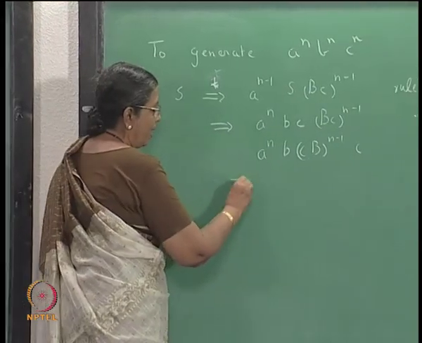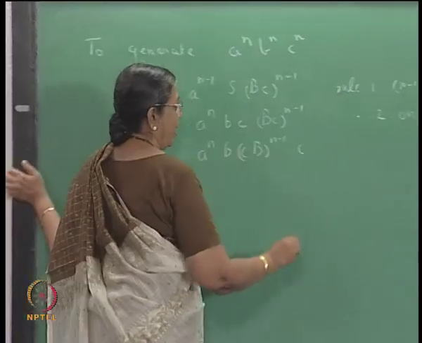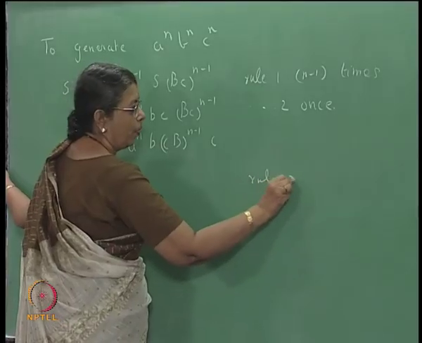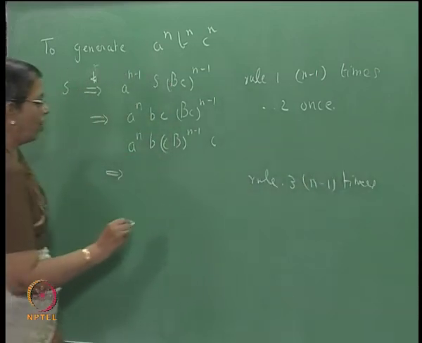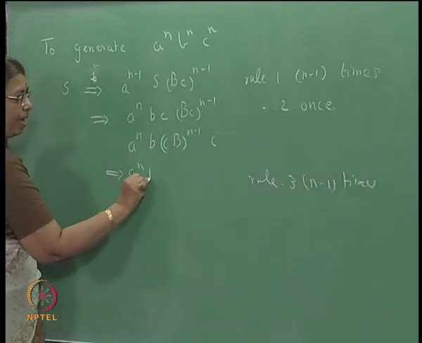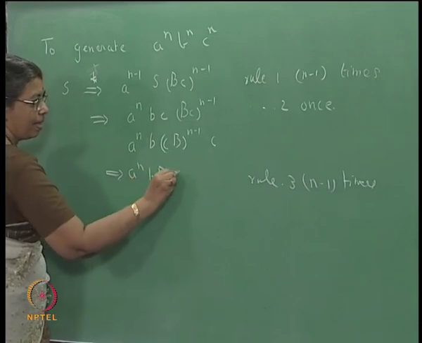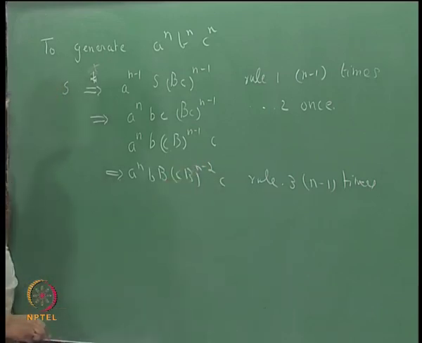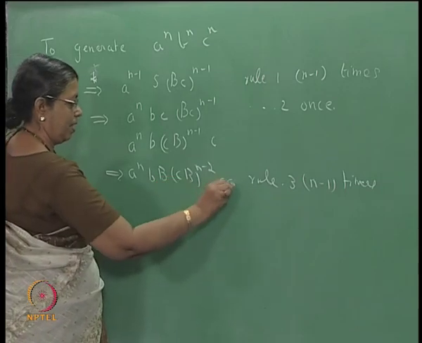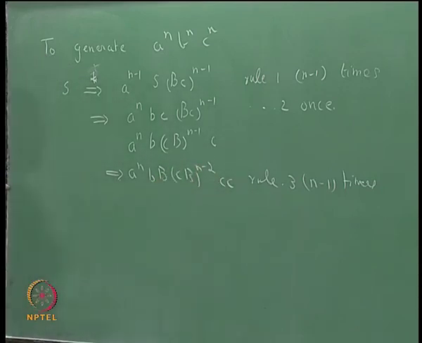So, after applying rule 3 n minus 1 times, what you will get is A power n B, B, C, B power n minus 2, C. Right. Now, again to this n minus 2 CBs you have to apply the rule again.